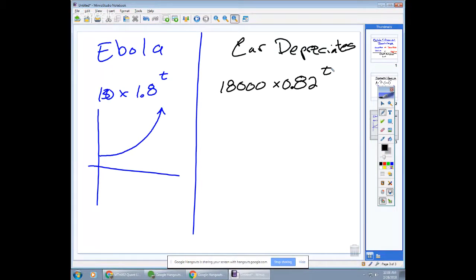So that 82 right there represents 1 minus 0.18, an 18% drop in the car's value. And in a situation like that, if we graph it, the car is going to start off at that 18,000, but then it's going to sink in value and curve down that way.